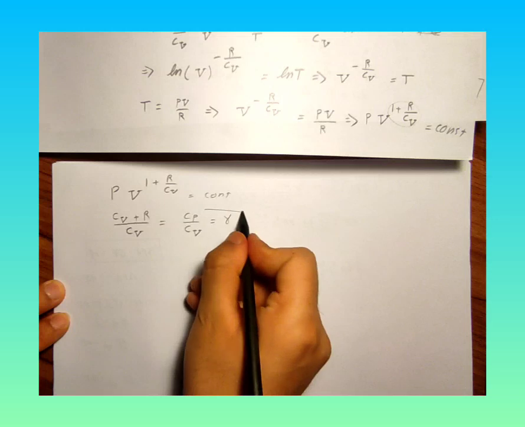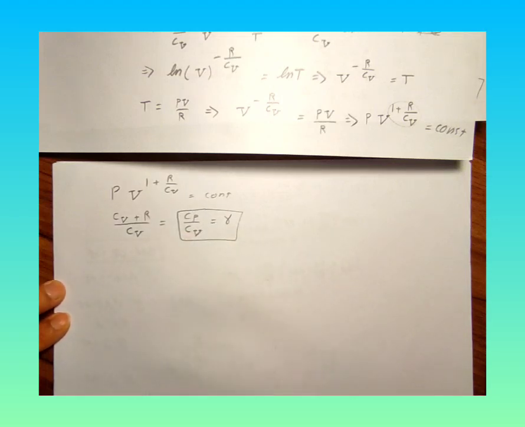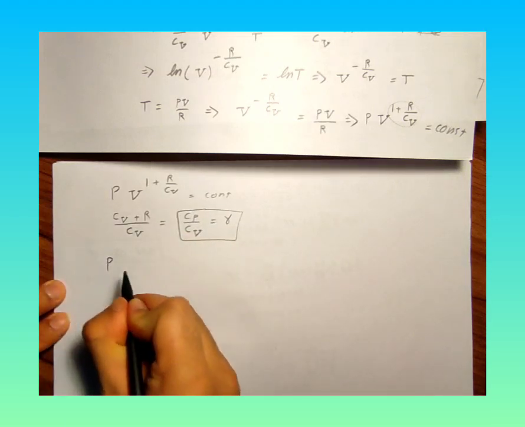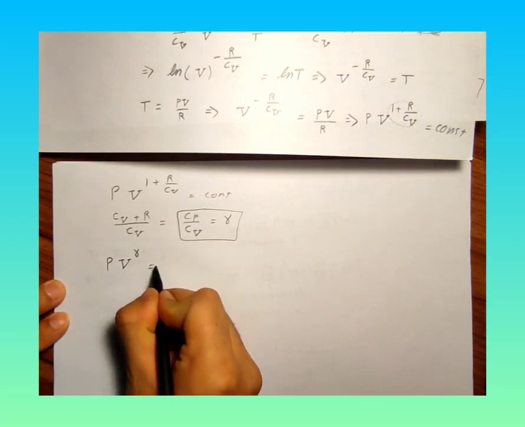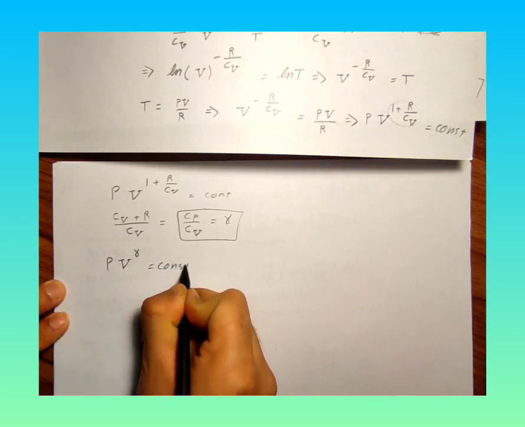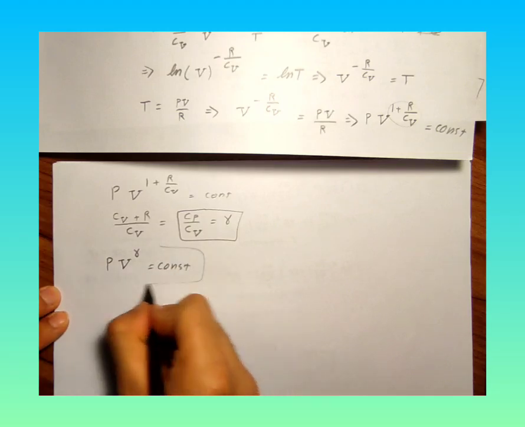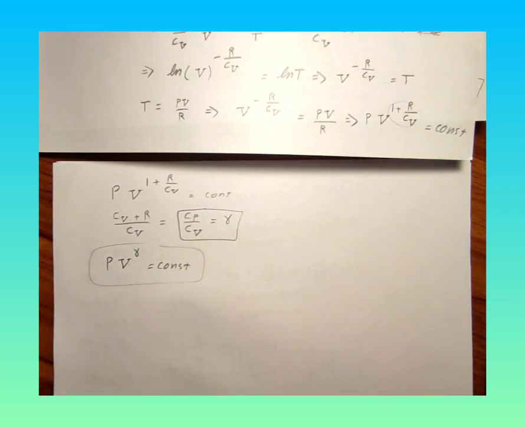So PV to the power of gamma is constant, and this is the actual relation of an adiabatic process.